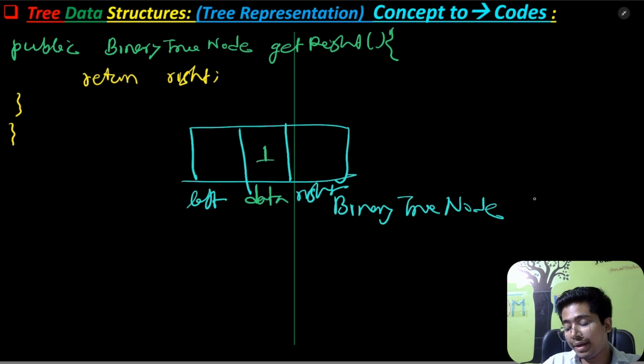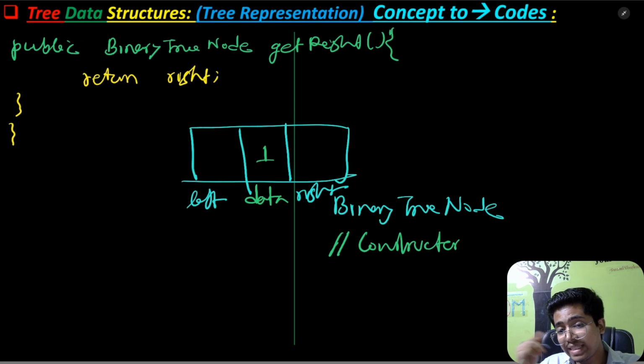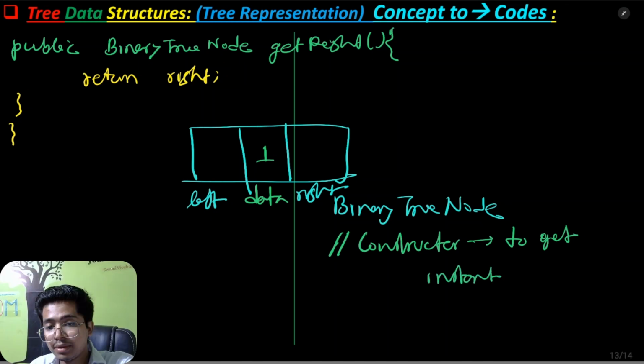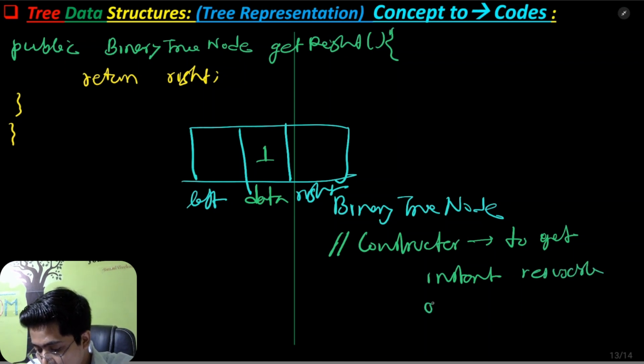After that, we created a constructor. A constructor creates a reusable object, an object that we can instantly use.